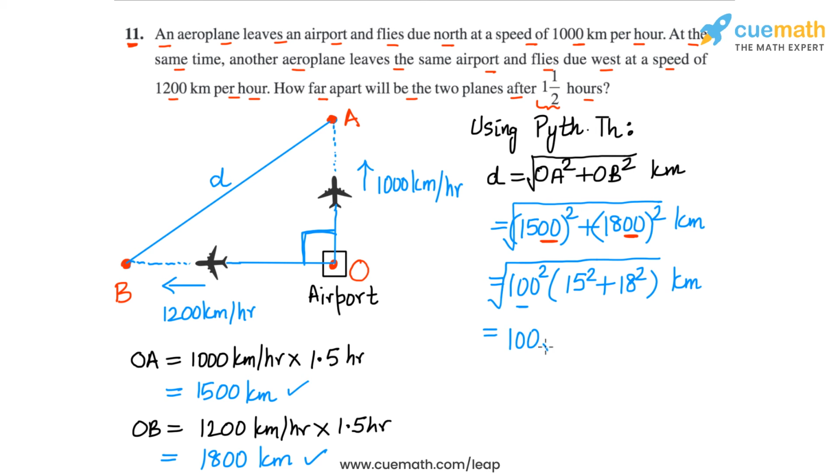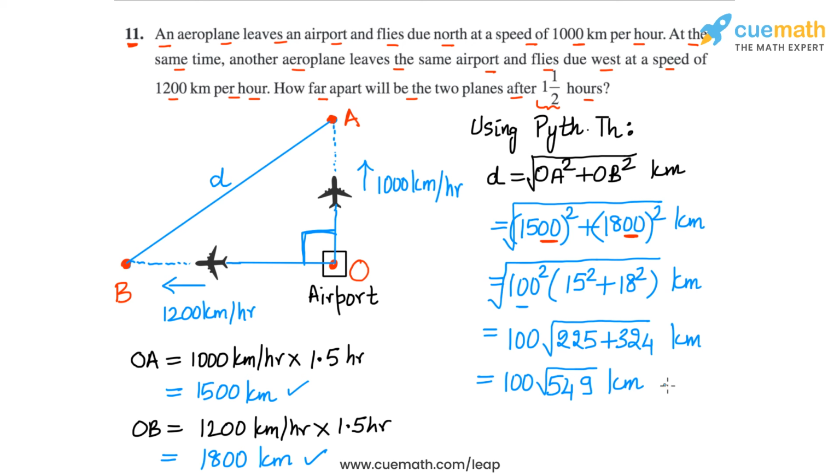So I get 100 into root of 15 square is 225, 18 square is 324. So I get 100 into root of 225 plus 324. So this is 100 into root of 549. So 100 root 549.